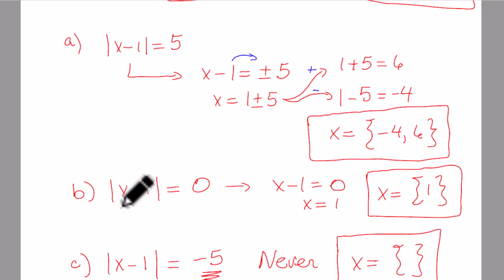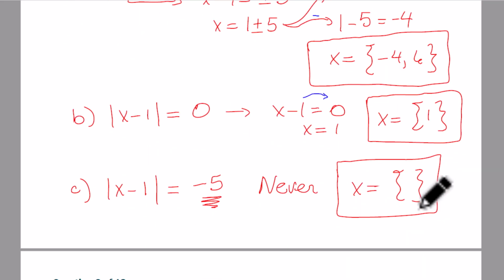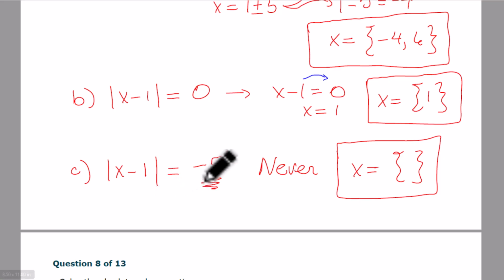All right, so let's see here on B, it's equal to 0. So I grab the inside. No reason to put plus or minus 0 because that's still just 0. So I'm going to move this minus 1, making it plus, and so I get x is 1. And on part C here, well, this can never happen because I've got a negative number. And so the solution is there is no solution.